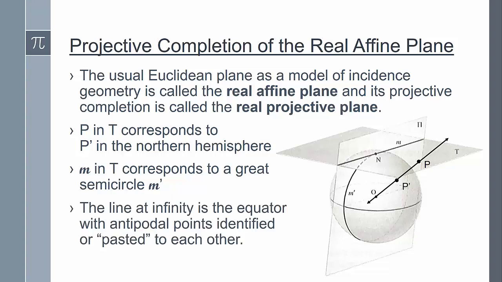So we can think of the line at infinity of this projective completion as the equator of the sphere S with antipodal points on the equator pasted to each other. So therefore, the real projective plane can be visualized really only partially because we can't really visualize this pasting of antipodal points together. But we can think of the real projective plane as the northern hemisphere with antipodal points on the equator pasted to each other.